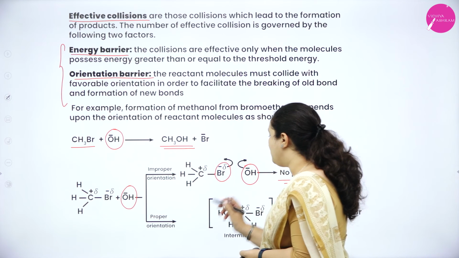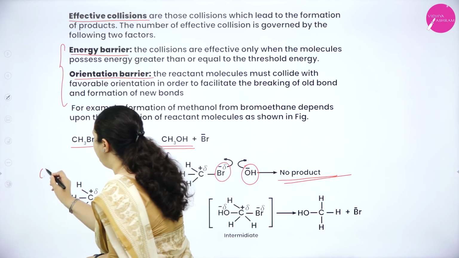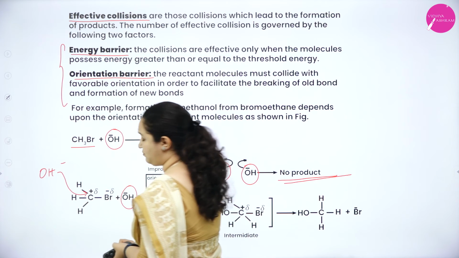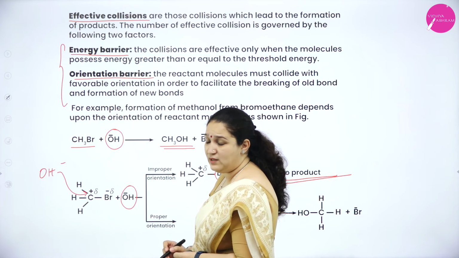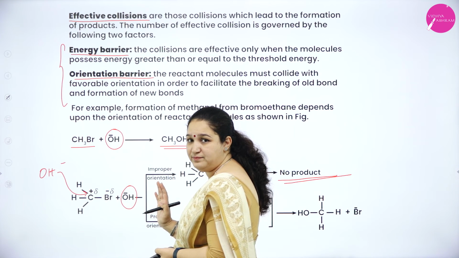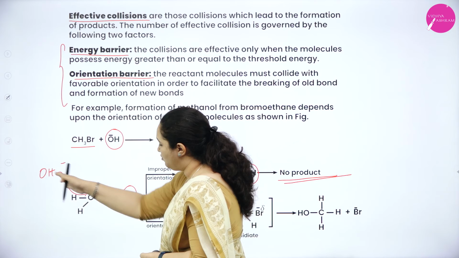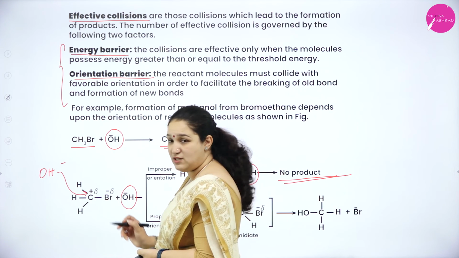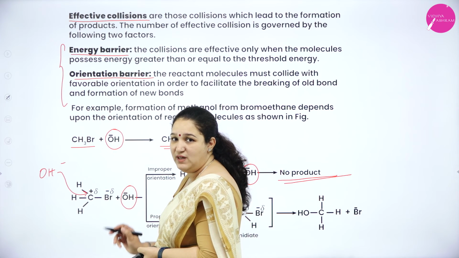So OH minus has to come from the direction opposite to that of bromine. That is, if bromine is on my right side, then OH minus should attack from behind to the carbon atom, which is partially positively charged.